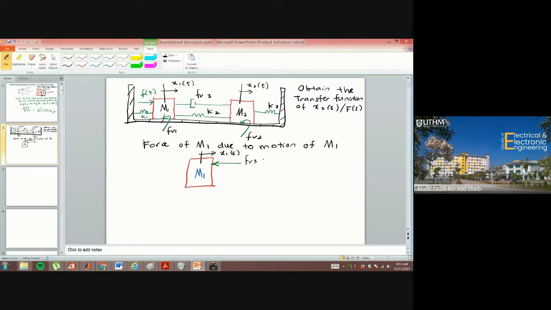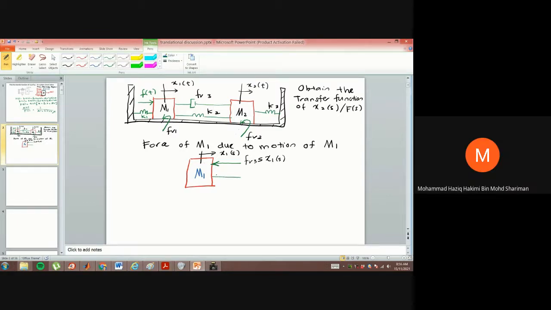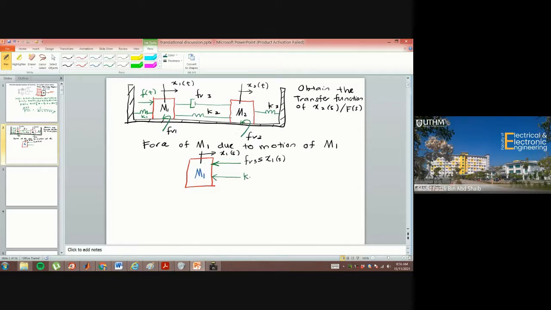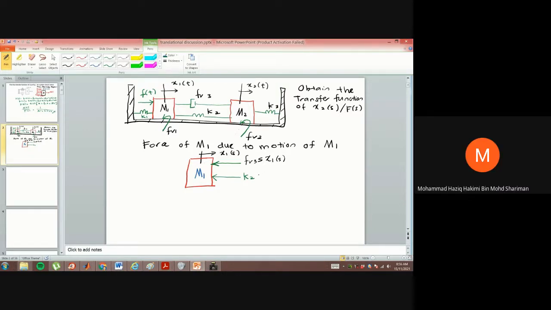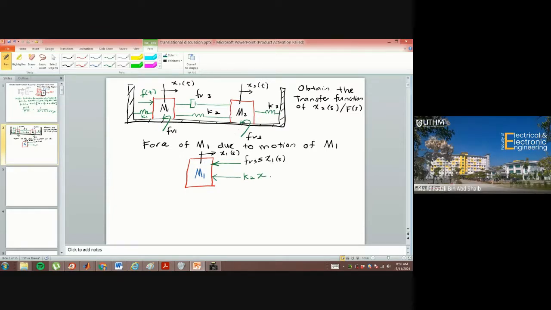FV3 times what? S1S, very good. Some more, what do we have? K2. Good. K2 times what? S1S.